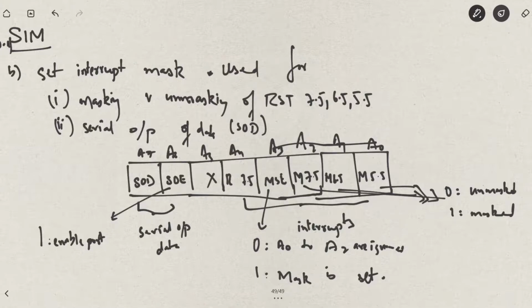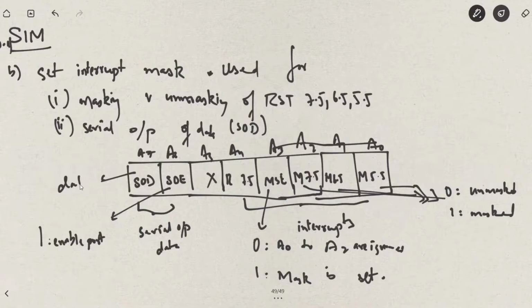This is actually the macro RTL of this instruction. SOD, your A7, that's the most significant bit, will carry the actual data that needs to be serially communicated. You can transmit the data 1 bit at a time. So you need to only have 1 bit to transmit for serial communication, and that is this data byte.